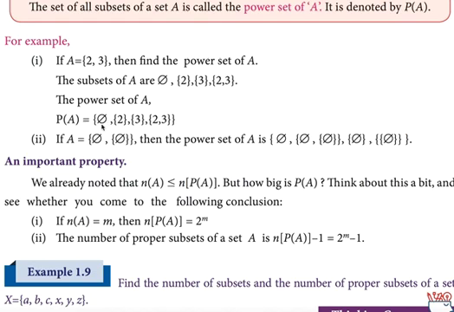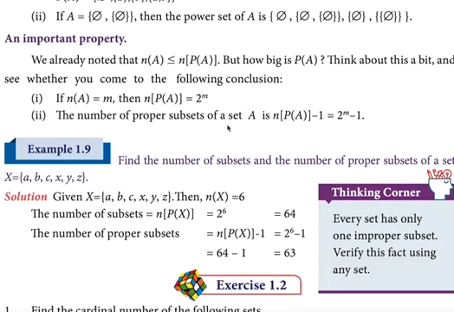What are the elements here? 1, 2, 3, 4. That is 2 square, right? So if n of A is m, then n of P of A will be 2 power m. P of A is the power set. The number of proper subsets of set A is n of P of A minus 1, that is 2 power m minus 1.